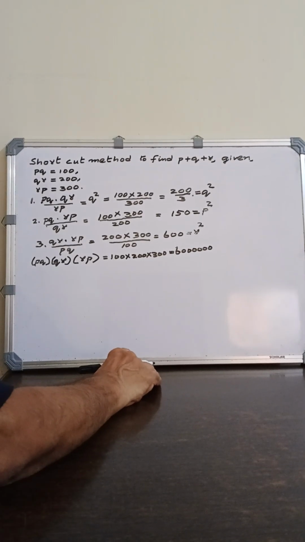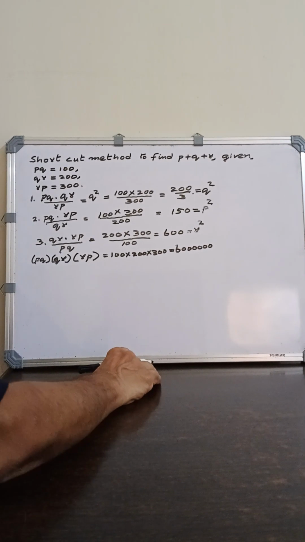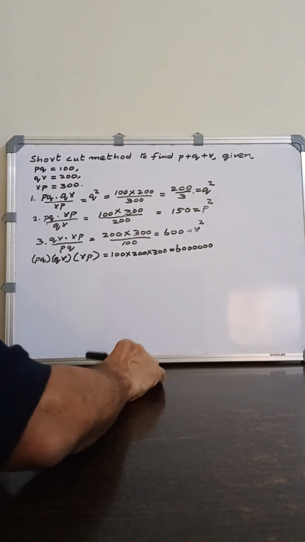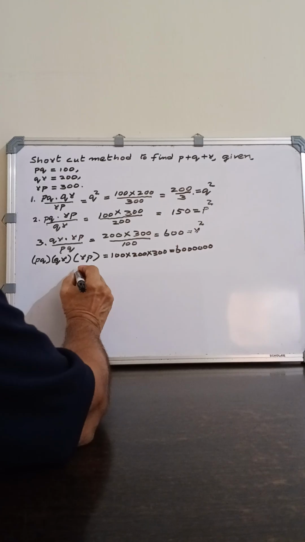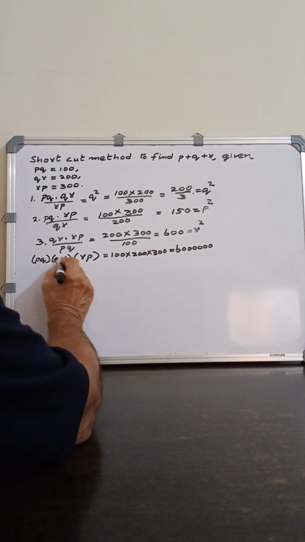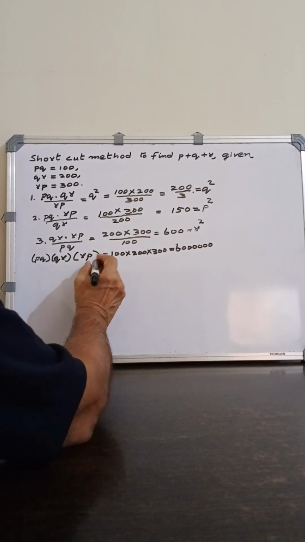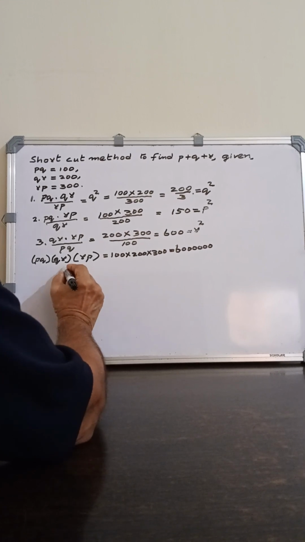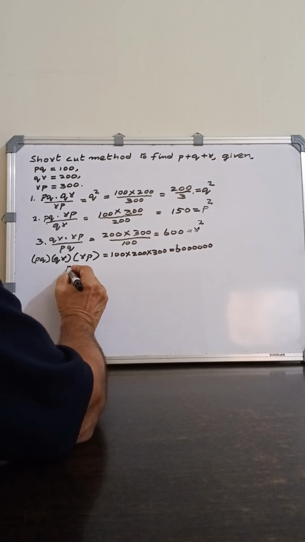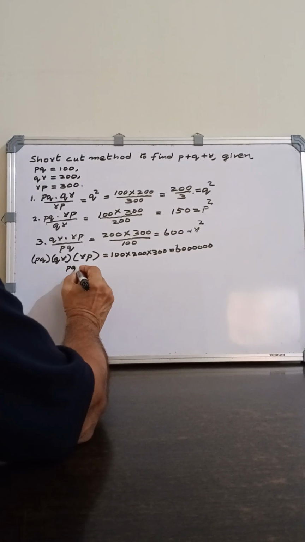Therefore, we get PQR. When this is multiplied, we get P into Q into R into P into Q into R. That is PQR, the whole squared.